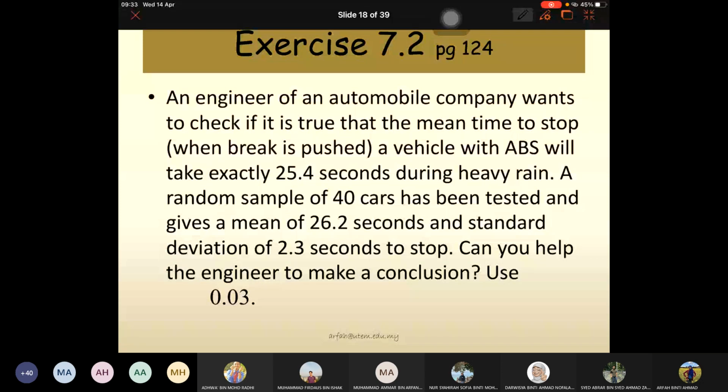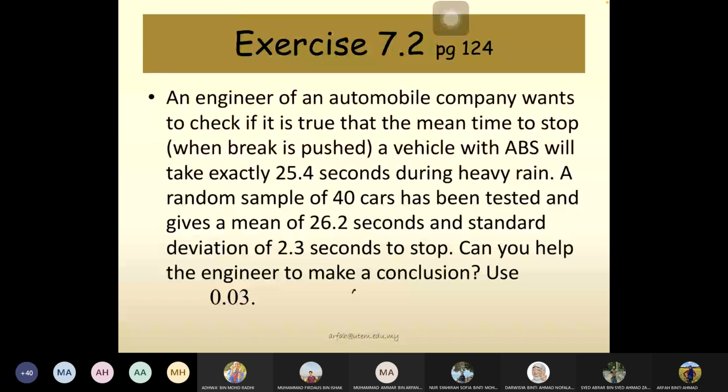So if you list down all the information, 40 is what? Given n equal to 40. 26.2 apa? X bar equal to 26.2. 2.3? S sama dengan 2.3. Alpha equal to 0.03.